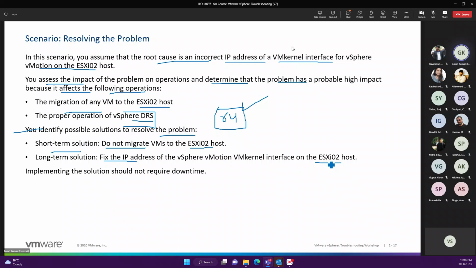You can edit its settings, configure its subnet mask and correct IP address. Implementing the solution should not require downtime, though whatever solution you use, whether you need downtime or not, depends. For this solution, changing the IP address, we do not need any downtime. The host allows you to even create or delete an existing VM kernel adapter without rebooting or downtime.